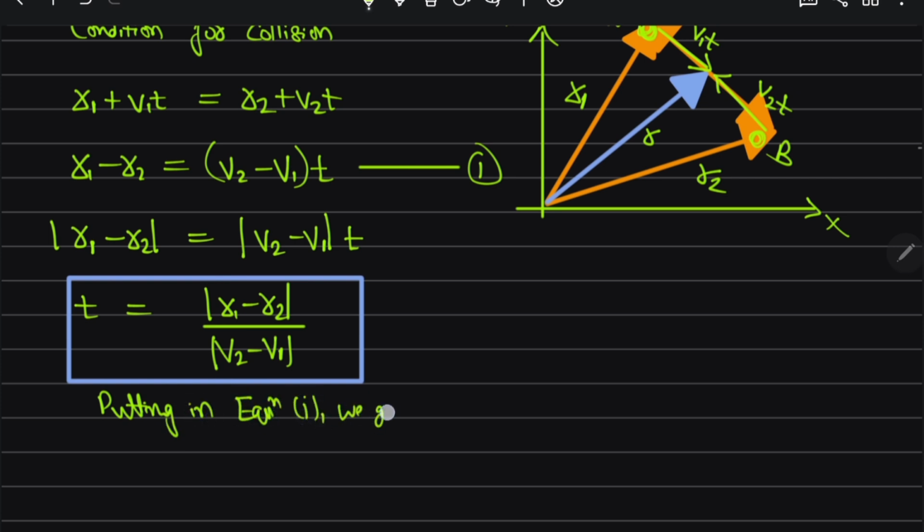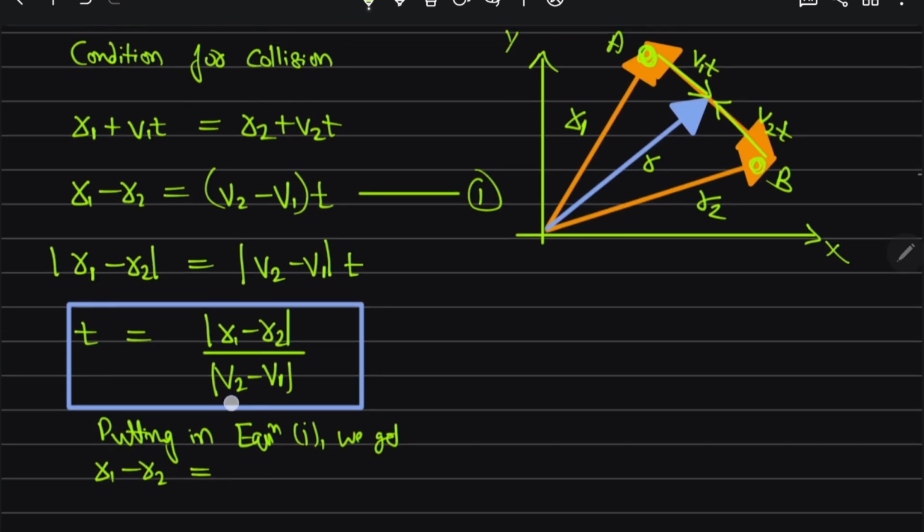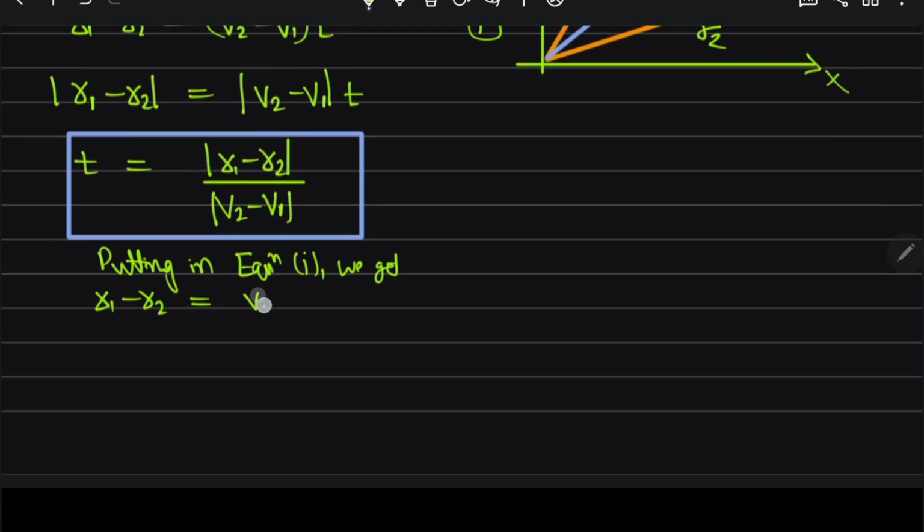So we get r1 minus r2 is equal to (v2 minus v1) into the magnitude of (r1 minus r2) upon the magnitude of (v2 minus v1).